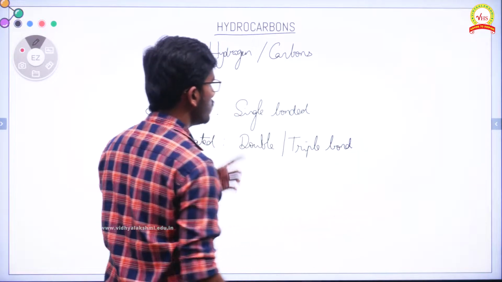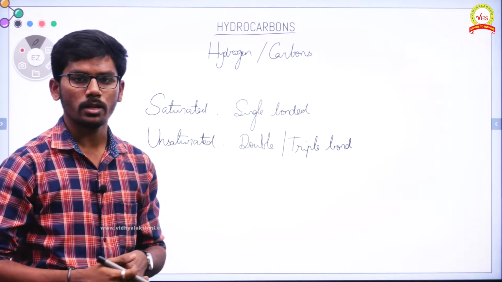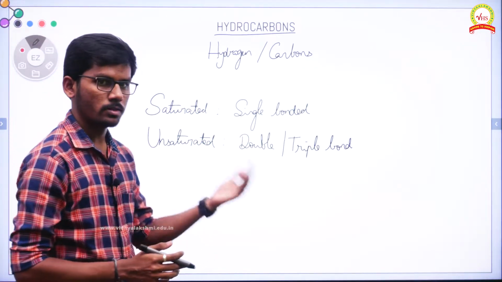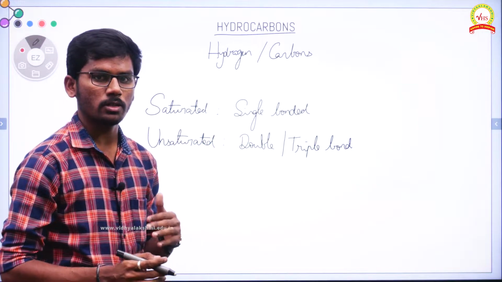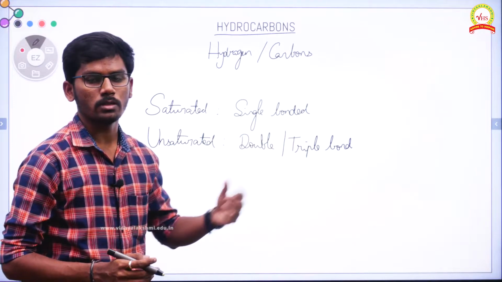In the same way, hydrocarbons are also classified as saturated hydrocarbon and unsaturated hydrocarbon. So we are going to see what the saturated hydrocarbon and the unsaturated hydrocarbon are going to be.